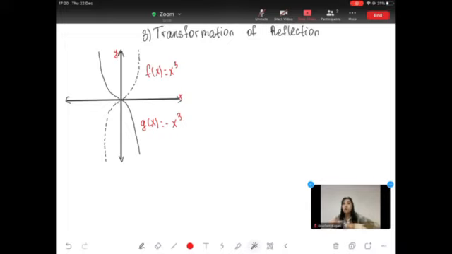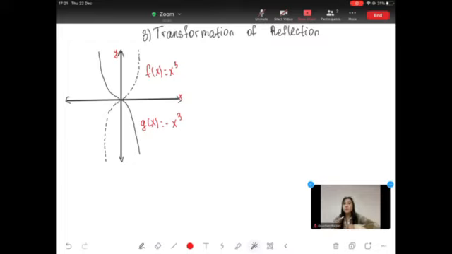Every point P and Q is reflected onto an image point P and Q. If point A is 3 units away from the line of reflection to the right of the line, then point A1 will be 3 units away from the line of reflection to the left of the line. Thus, the line of reflection acts as a perpendicular bisector between the corresponding points of the image and the pre-image.